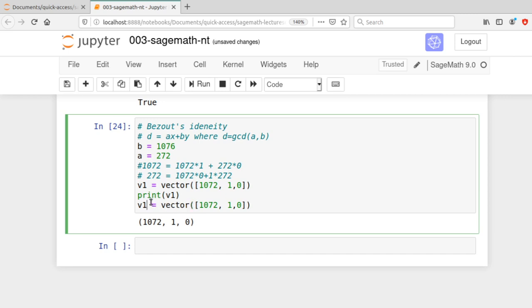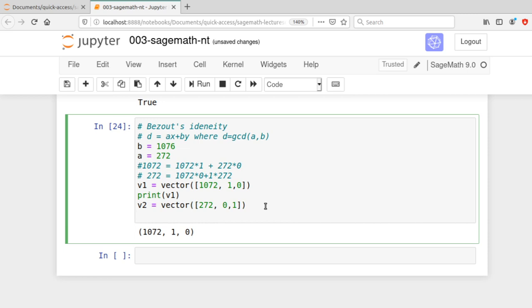Now v2 is equal to 2 0 1, and now we are going to make some subtraction. What is the subtraction? We need to subtract q times.